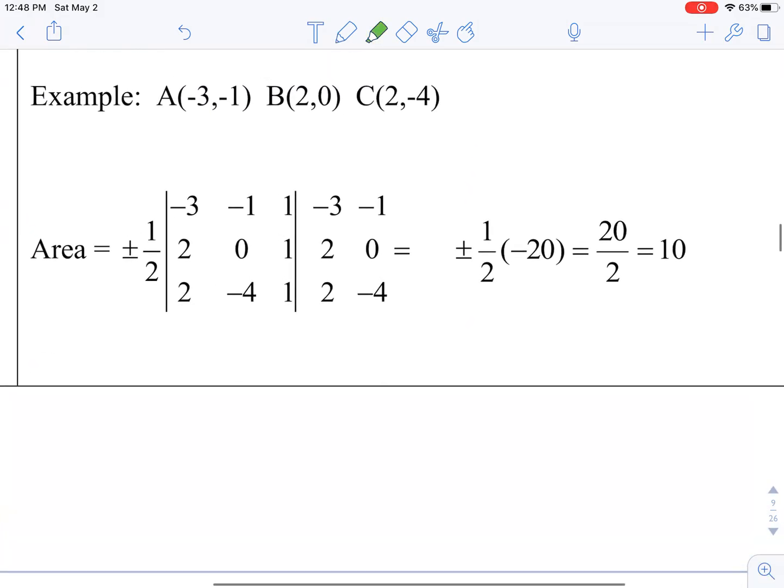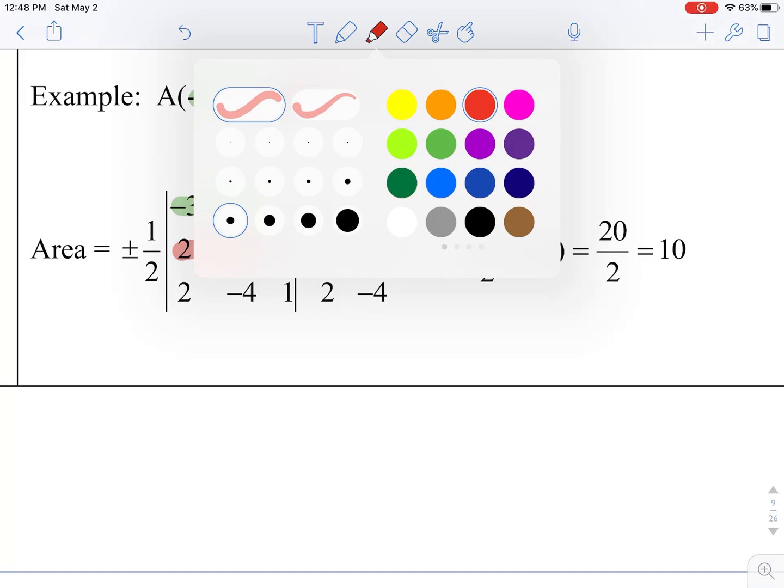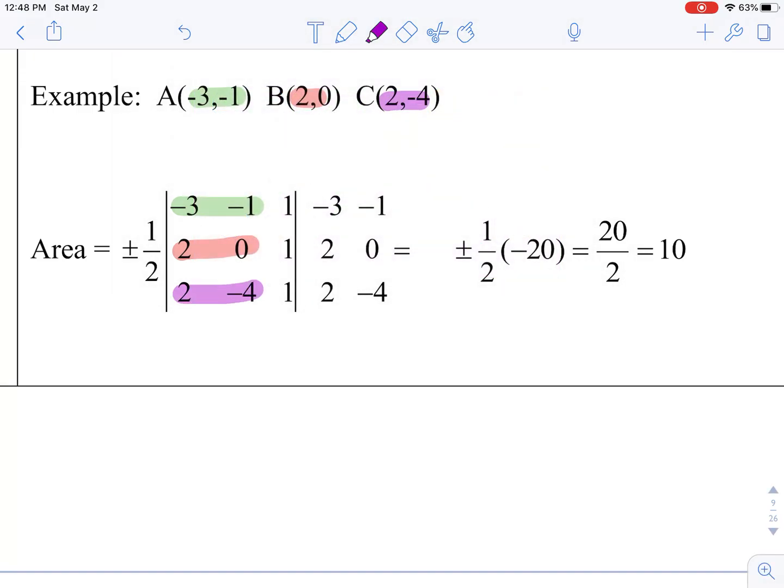So here's an example to help you focus. There's my first coordinate. Here's my second coordinate. Here's my third coordinate. Then they put ones along that last column. And from there, we have to find the determinant.